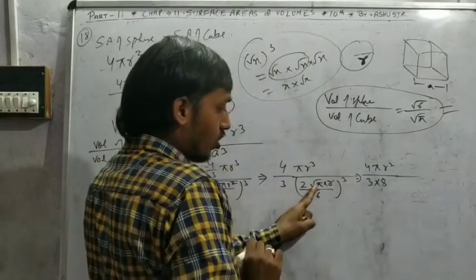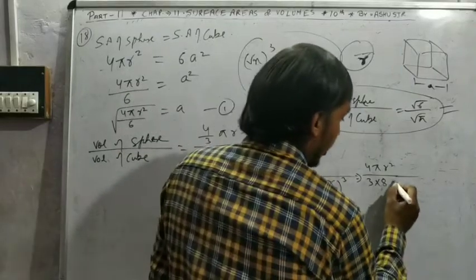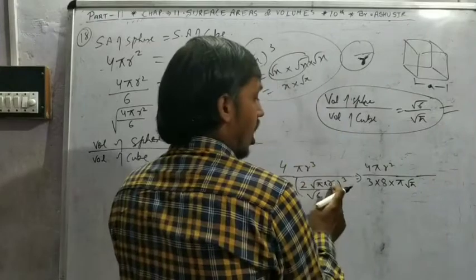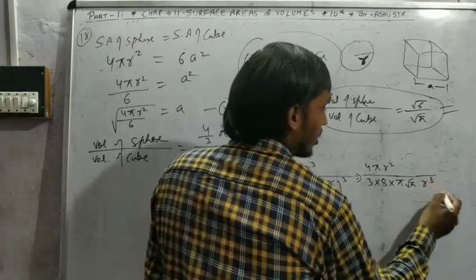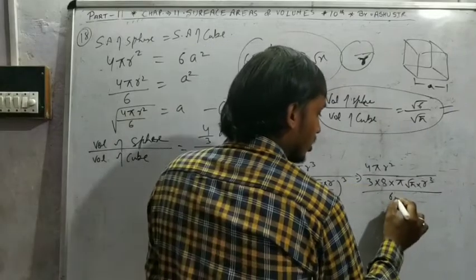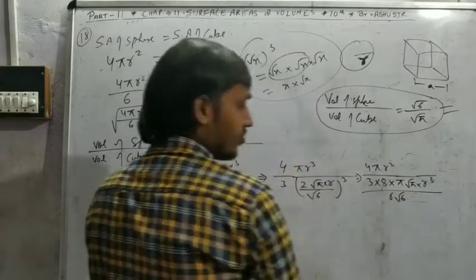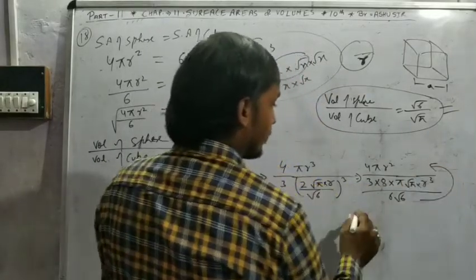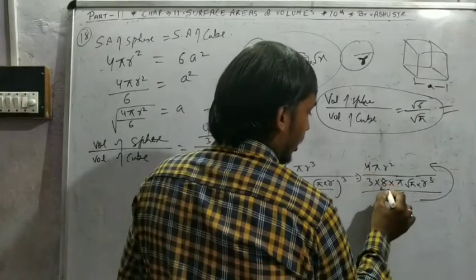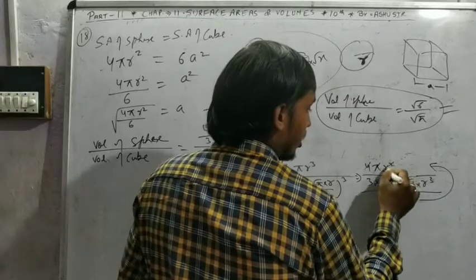Similarly here root pi whole cube is pi root pi, r cube same, root 6 cube same 6 root 6. This goes to the upside. 4 twos are 8. Pi cancel.